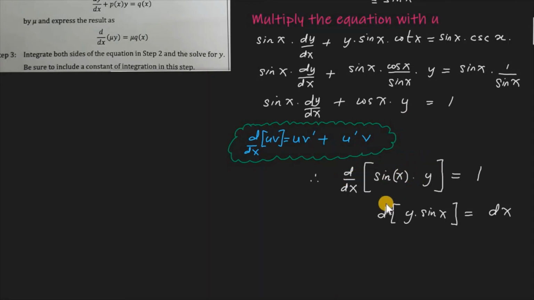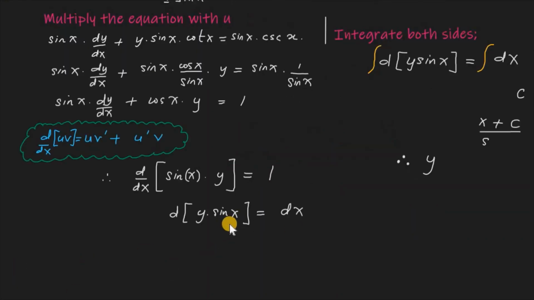As a result, as we rearrange, it becomes d of this function multiplied by dx times 1, which is dx. Then you can integrate both sides to get your y sine x. So we continue from here to here. We integrate both sides.